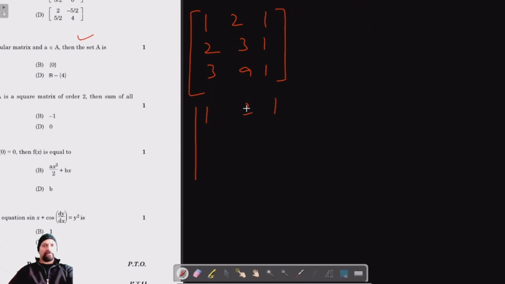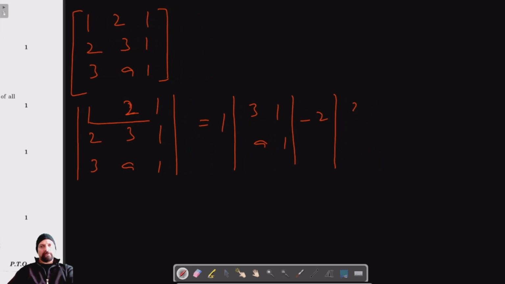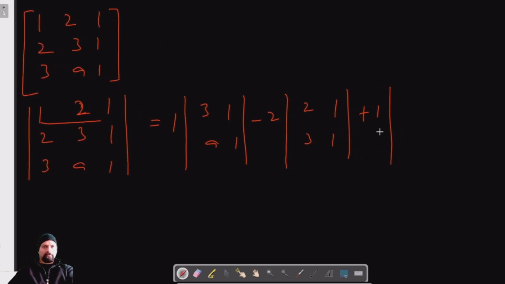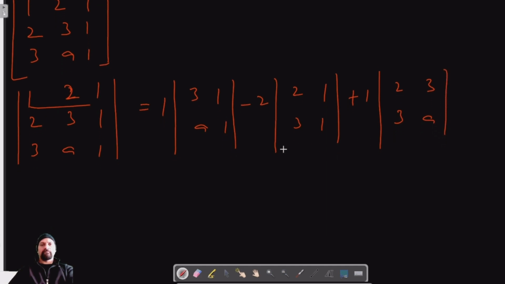So to find out the determinant, let's expand it along row R1. So this is 1 into determinant of [3 1; a 1] minus 2 into determinant of [2 1; 3 1] plus 1 into determinant of [2 3; 3 a].